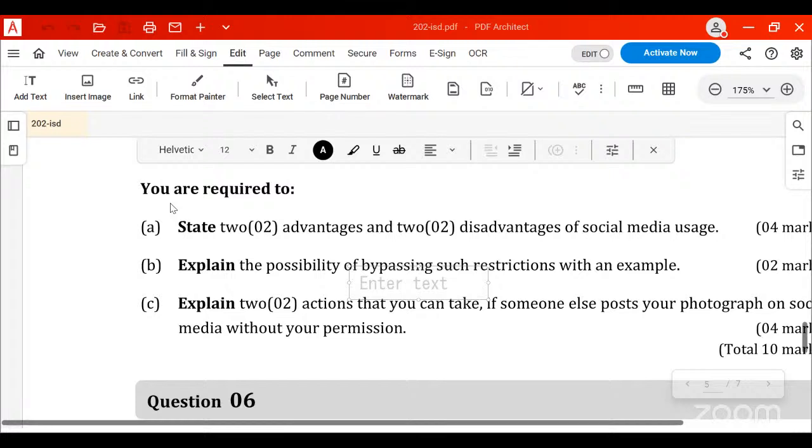What is the usage of this? In-app purchases, buying additional features, virtual goods or premium content, right? Sometimes when you are playing a game, you need some credits, and for that you have to pay.